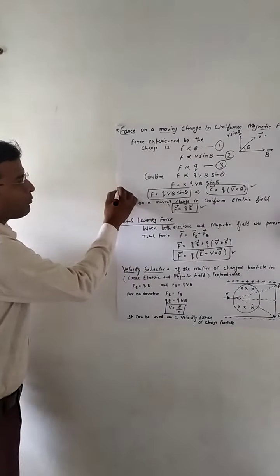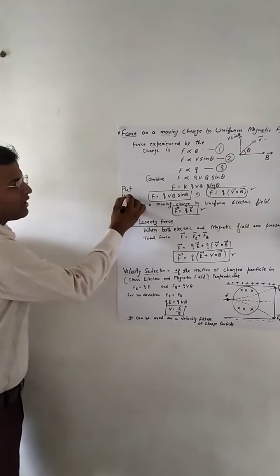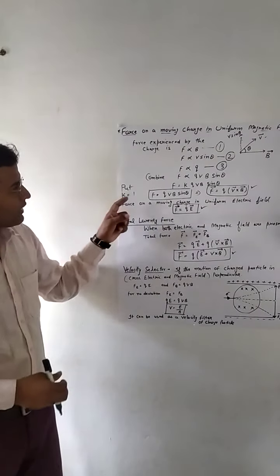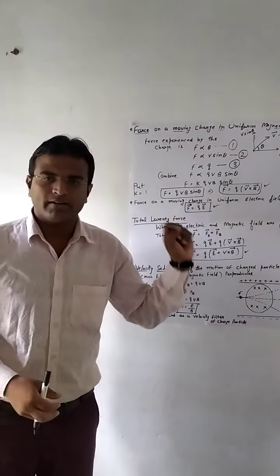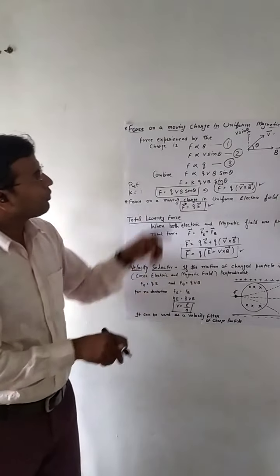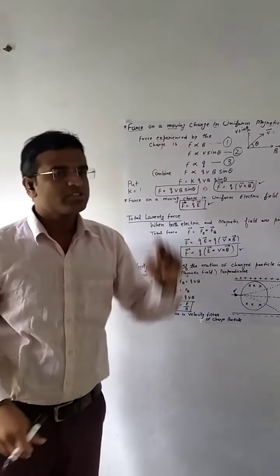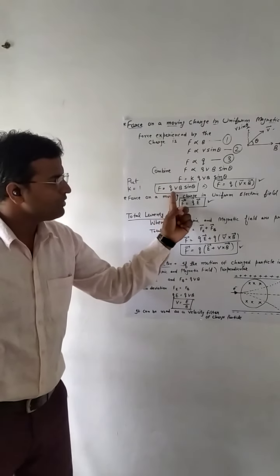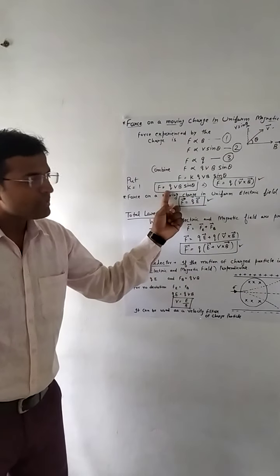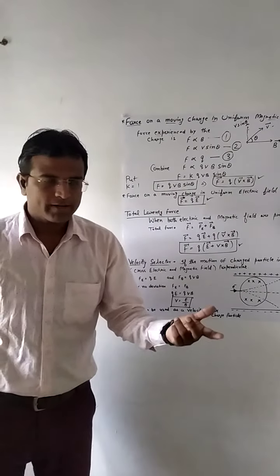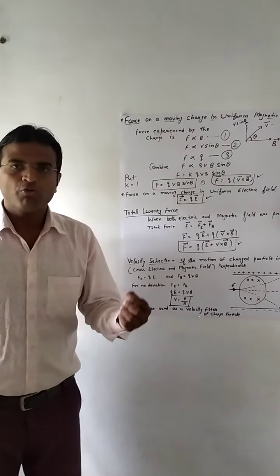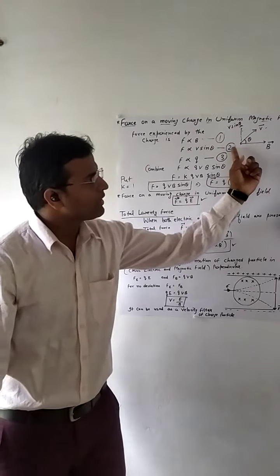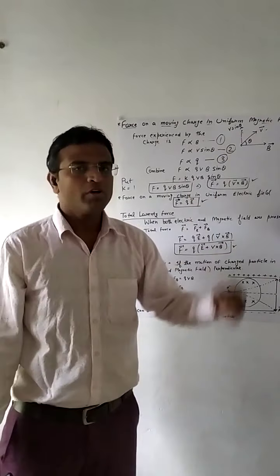Now put K equal to 1, and F equals QVB sin theta. This is the formula for force acting on a moving charge placed in uniform magnetic field. Here Q is charge, V is velocity of the charged particle, B is strength of magnetic field, and theta is the angle between direction of magnetic field and direction of velocity.